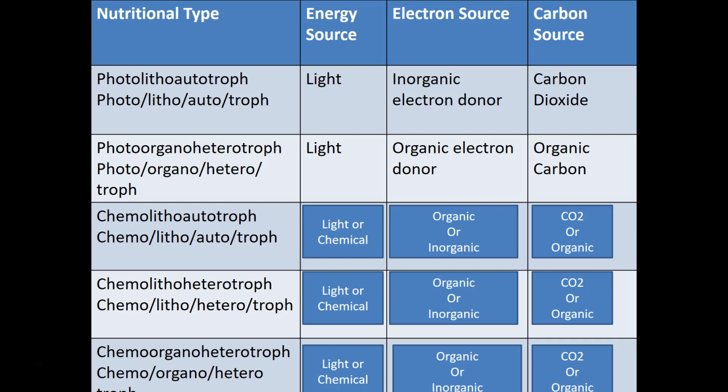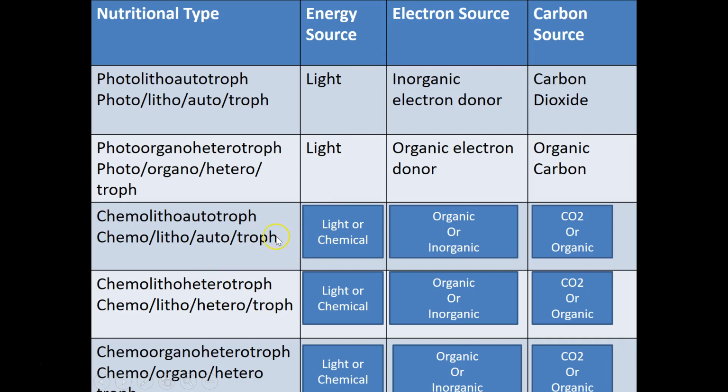So when we go into chemotrophic organisms, notice again chemo-litho and organo-hetero. And then we have this one weird one that doesn't fit the typical rule, that can use inorganic sources of electrons but uses organic sources of carbon. So let's quickly go through our chart.